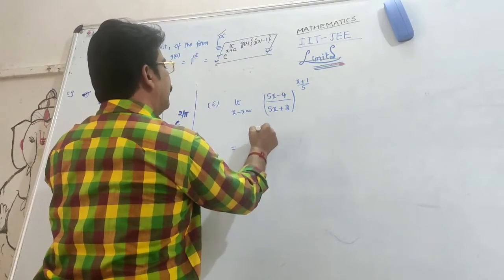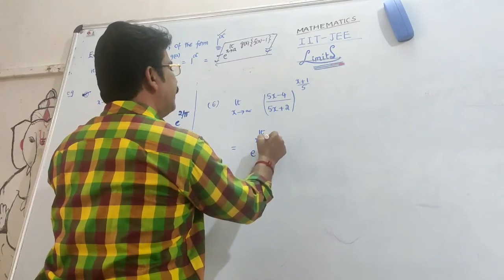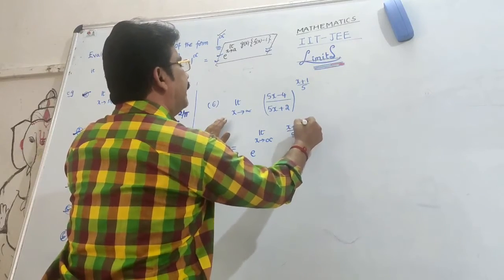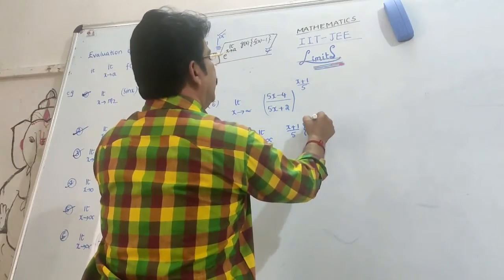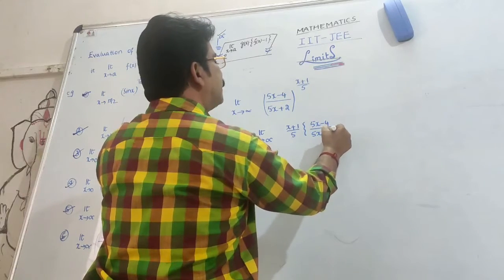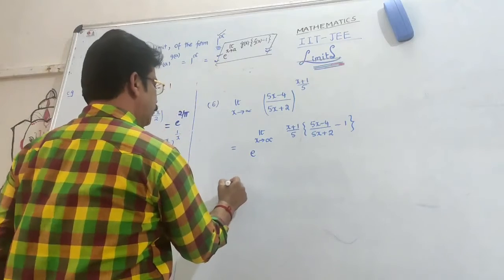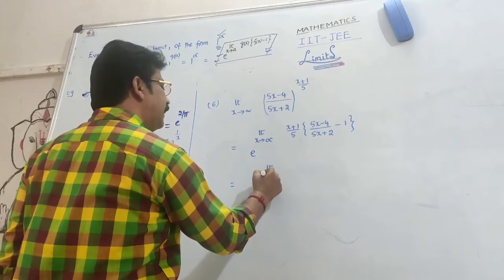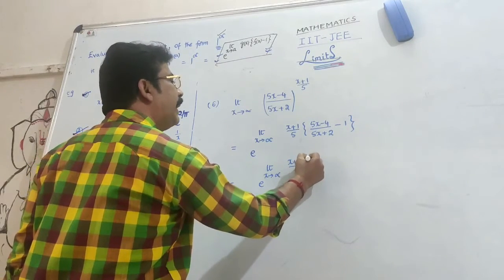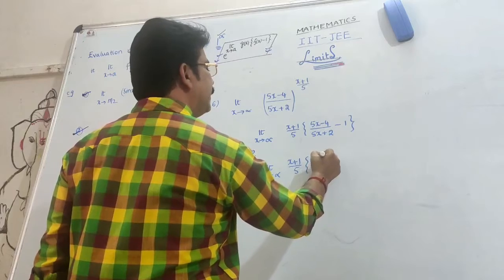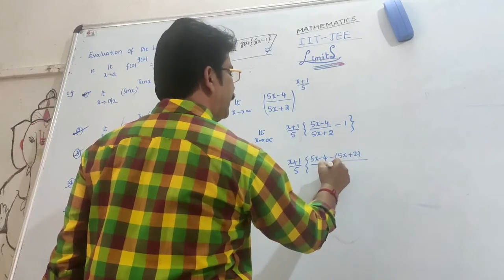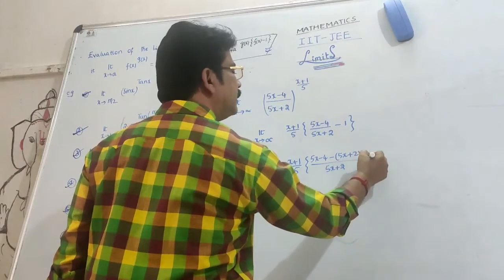So e to the power of limit x tends to infinity of g(x) to the power of f(x) becomes e to the power of limit of (f(x)) times (g(x) minus 1). That is, 5x minus 4 divided by 5x plus 2 minus 1. So that is equal to e power limit x tends to infinity of (x plus 1) divided by 5 into, on simplification, 5x minus 4 minus 5x minus 2 divided by 5x plus 2.